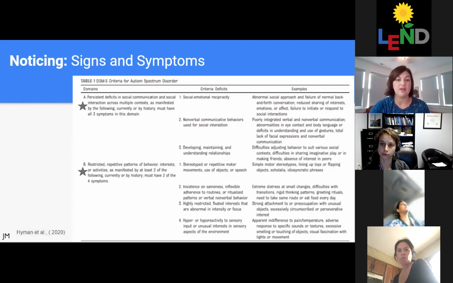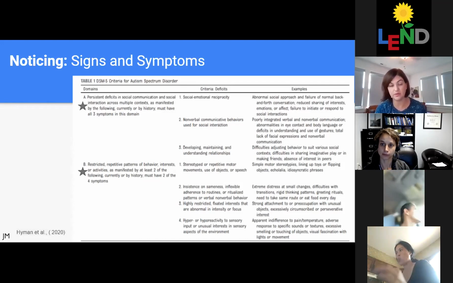That includes stereotyped or repetitive motor movement. A lot of times people observe the individual using their body in different ways, use of objects like spinning the wheels or lining up cars, and differences in speech sounds and how they use language.